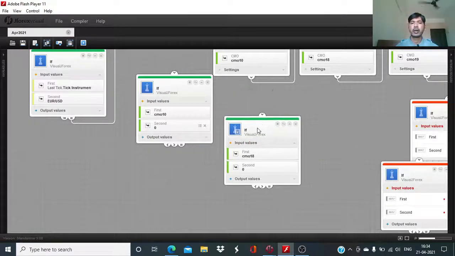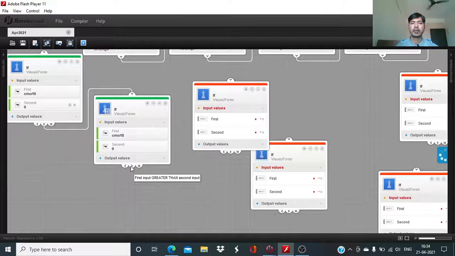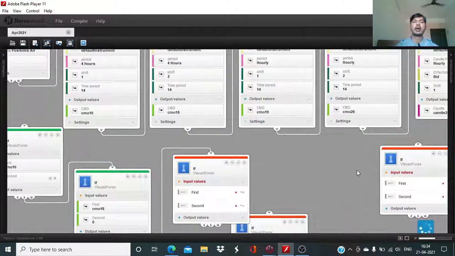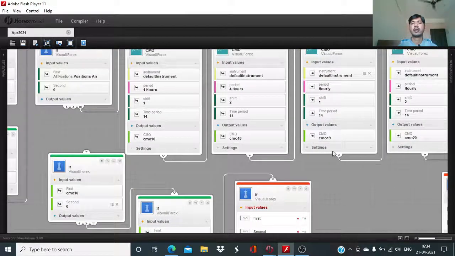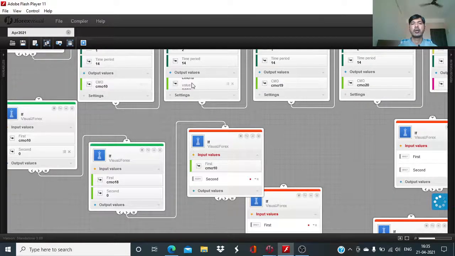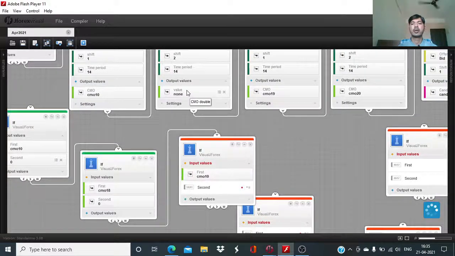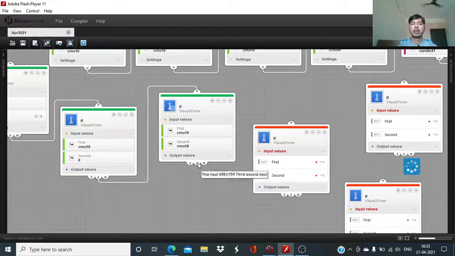First input greater than second input in both the cases. And CMO 10 should be greater than CMO 18. CMO 10 has the shift of 1 and CMO 18 is shift 2. So this is the recent value and prior value is this CMO 18. So first input greater than second input.